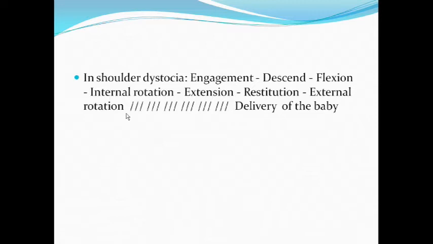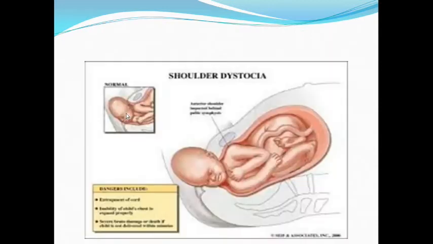Sometimes the head reverts back also. So what happens in shoulder dystocia? After the delivery of the head, the anterior shoulder gets stuck behind the pubic symphysis, and it's not approachable to deliver it.